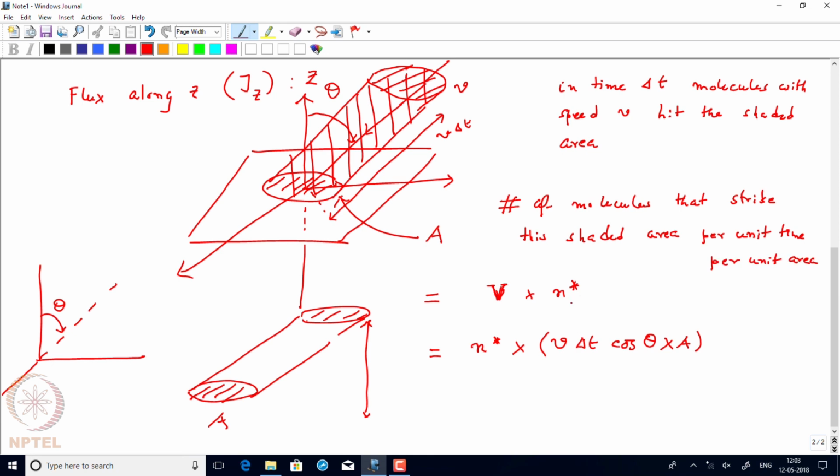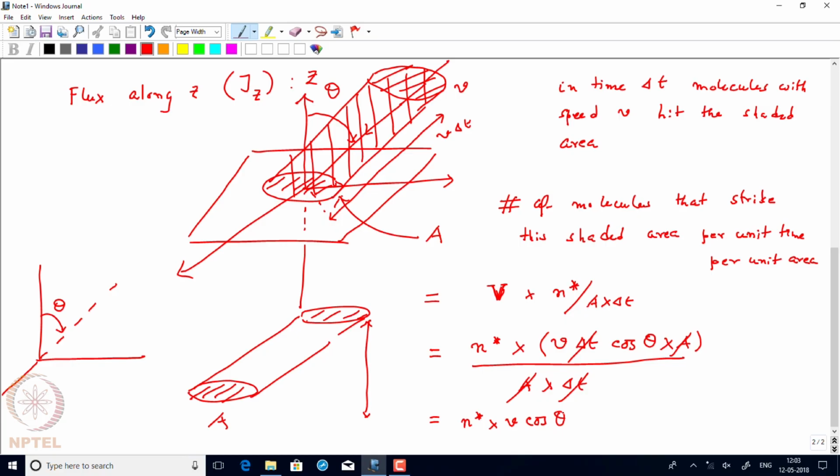That can be easily figured out. We just have to divide by area times the time it took, so divide by A times delta t. I'll just get these arbitrary things cancelled, and all I'll be left with is n star into v into cos theta.